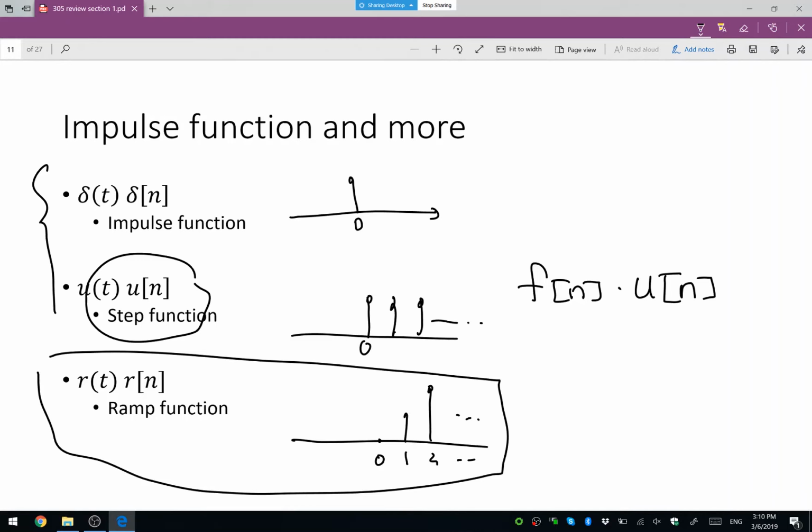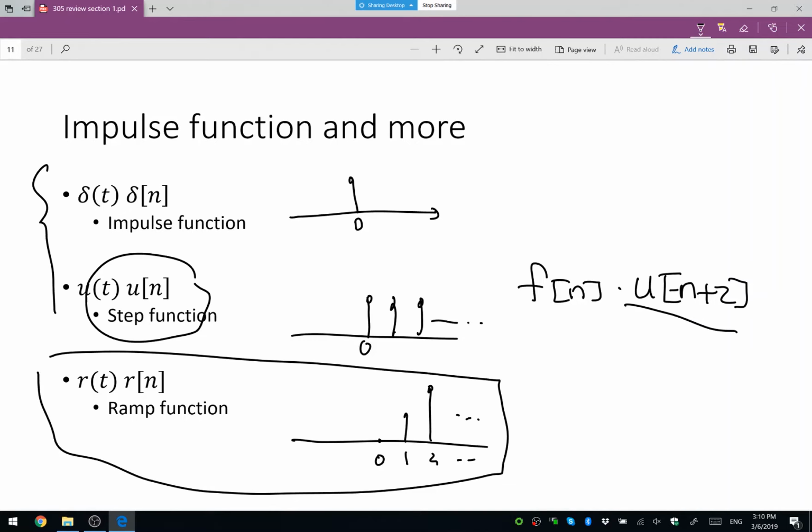And usually this u[n] can be shifted, like +2, or sometimes it is reversed, like -n. But you always know what the non-zero area of this u something is.